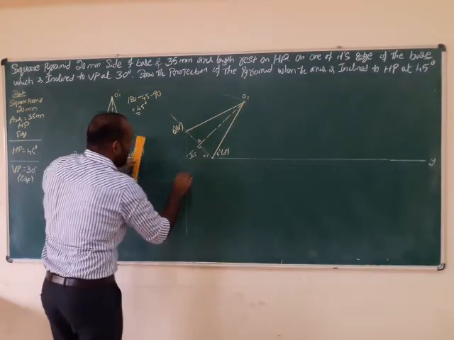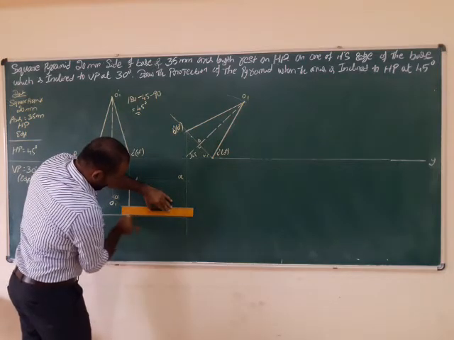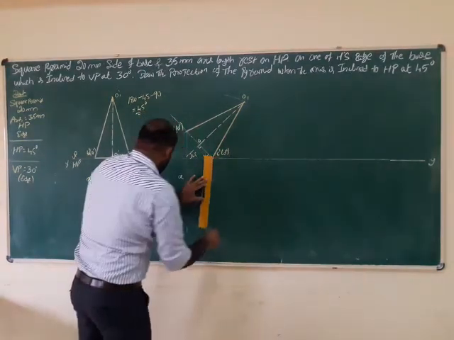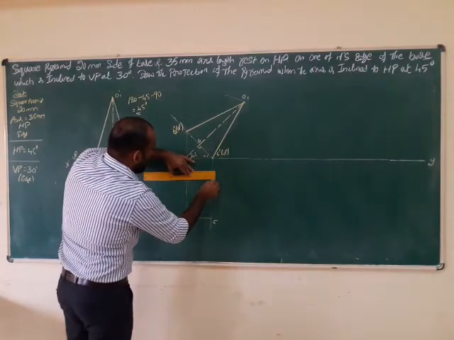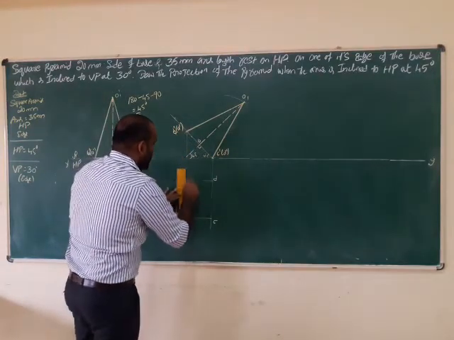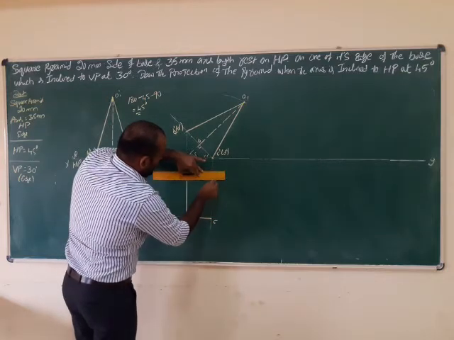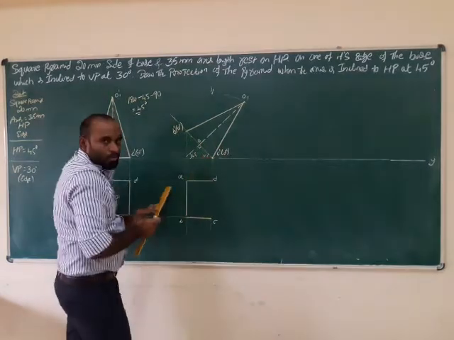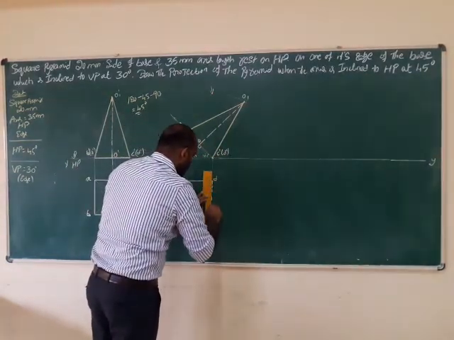This part is called A. B is on the same line, C is on the same line, D. A, B, C, but in the top view the point is not visible. C to D, so C to D is a dotted line.